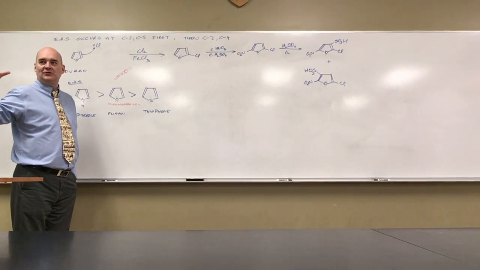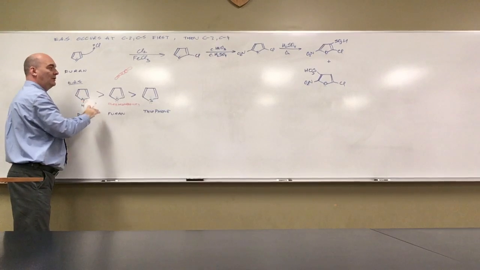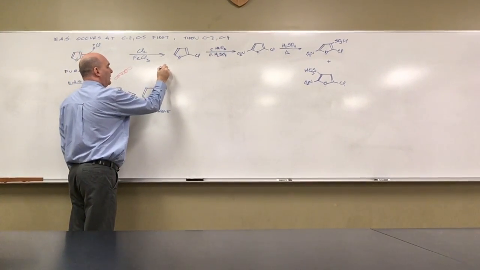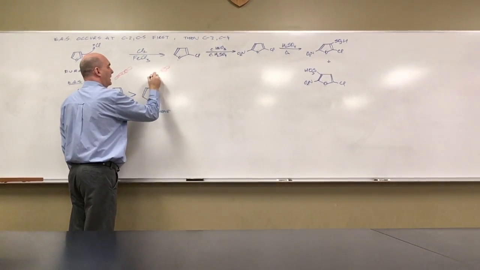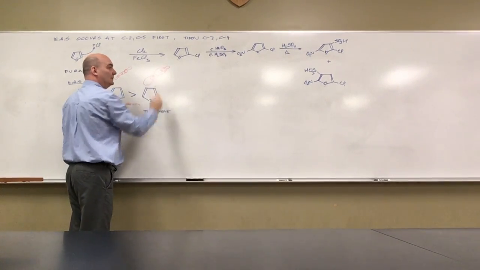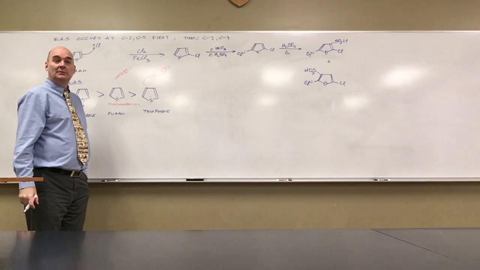Carbon and oxygen are in the same period, and carbon and nitrogen are in the same period. But now here's a carbon, and its p orbitals are this big, and here's a sulfur, and its p orbitals are this big. And the overlap's not as good.